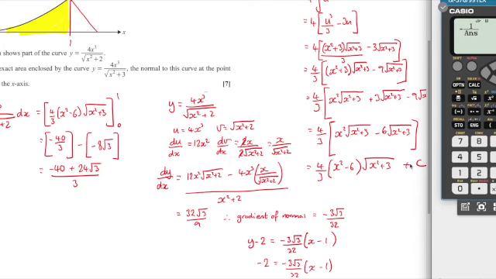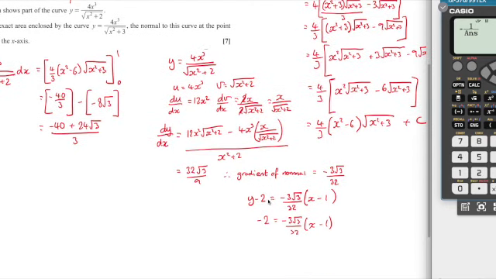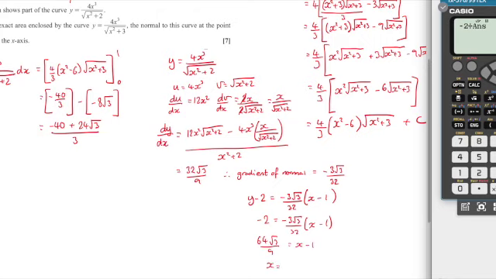So I'm going to have minus 2 divided by that answer gives me 64 root 3 over 9 is x minus 1. So x is, I need to plus 1 to that. 9 plus 64 root 3 over 9.